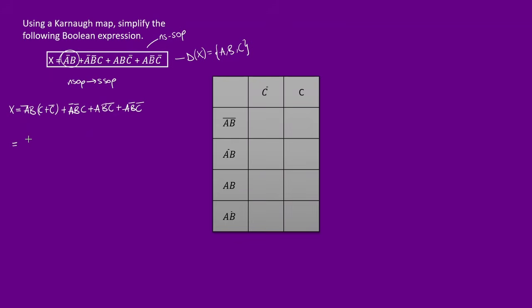That's going to give us not A B C, or not A B not C, or not A not B C, or A B not C, or A not B not C.